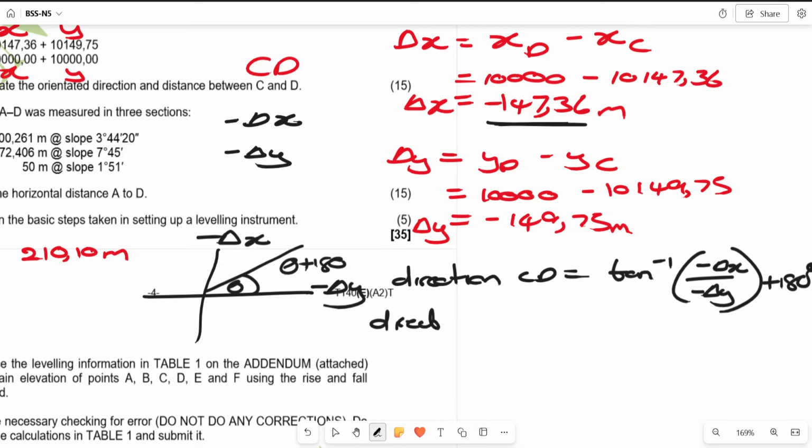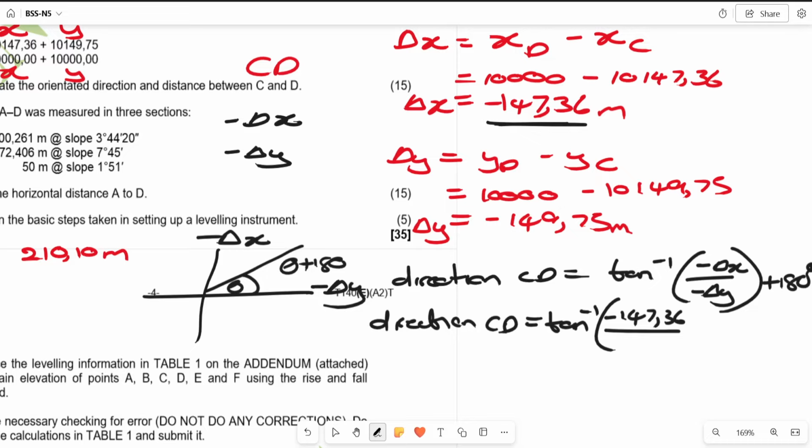Direction CD will simply be equal to, if you punch everything, oh sorry, let me just substitute for you guys. Our numerator is going to be minus 147.36.